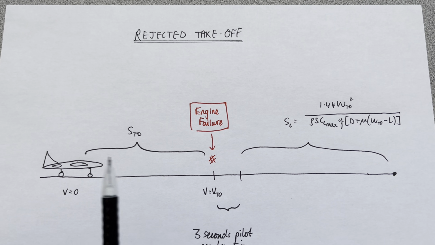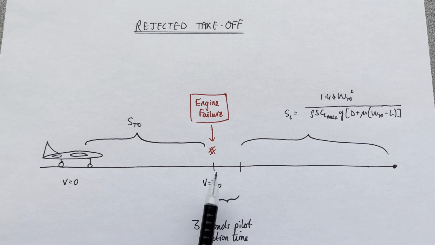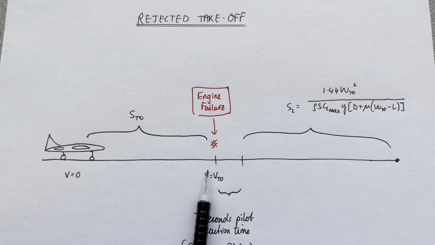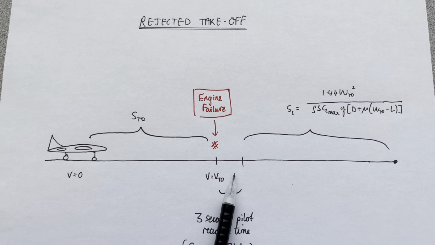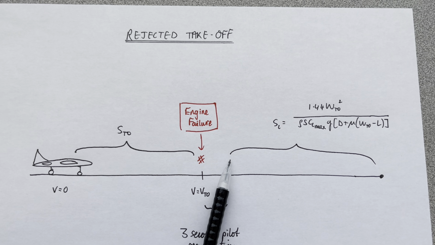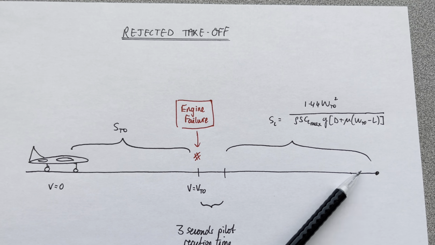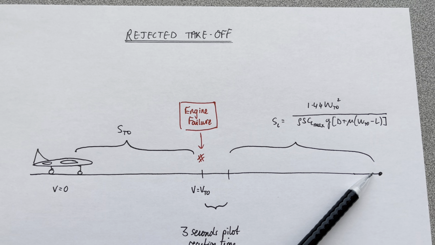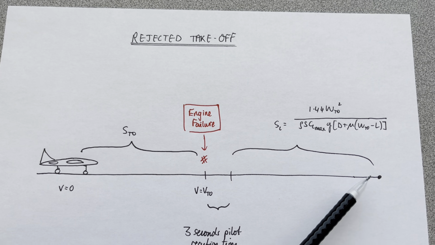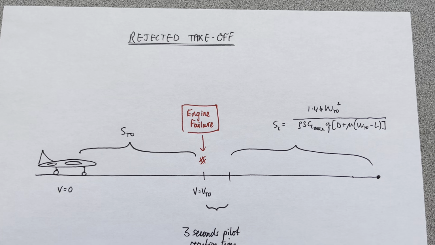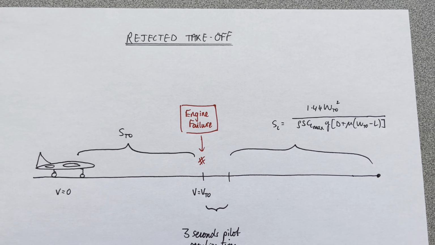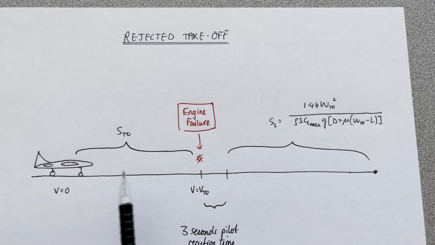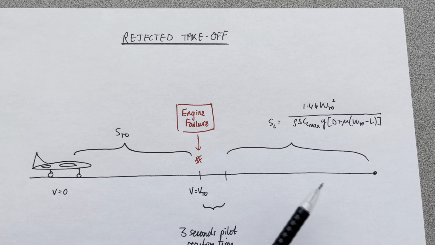So what's built into this model is a 3-second pilot reaction time right here, and then a deceleration all the way back to 0. So what's going to drive the FAA regulations here in the US or EASA regulations in Europe is the total distance required for this entire thing.